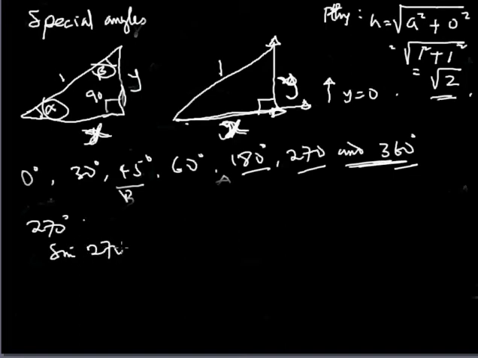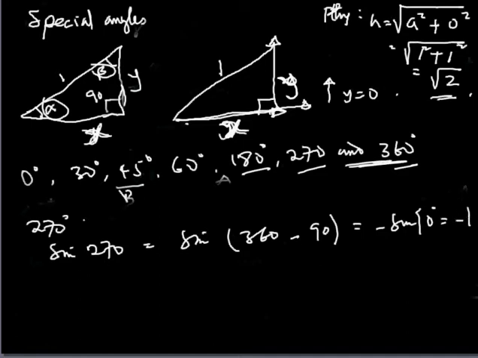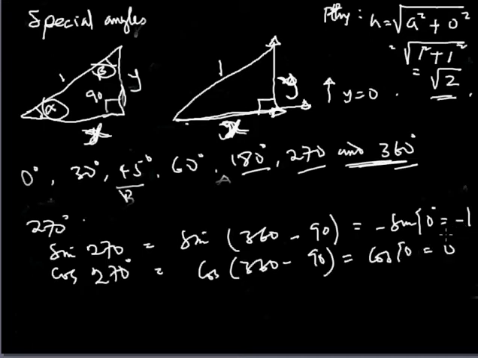Sine 270 degree is the same thing as sine of 360 minus 90, which is minus sine 90 degree, which is minus 1. And cosine 270 degree is the same thing as cosine of 360 degree minus 90, which is cosine 90, which is equal to 0. And tan 270 degree is undefined. It's going to give us infinity.